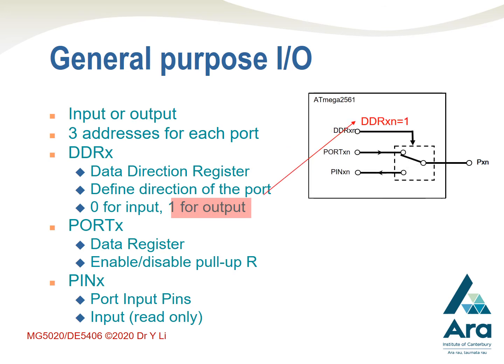The value 1 in DDRX turns the switch to the upper position so that the external pin is now connected to the internal terminal, PORTX. So when we write data to PORTX, the data will be output to the external pin.